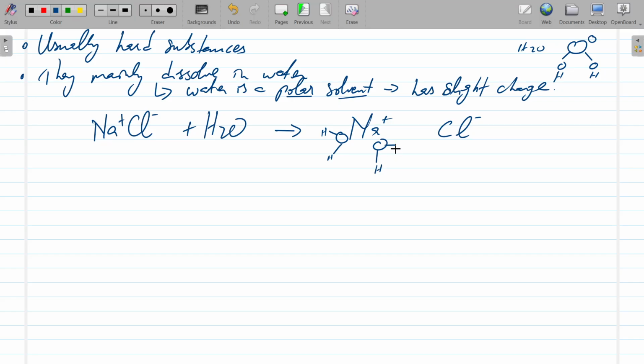And again, what's playing a role is the fact that water has a charge. Just to make it a bit clearer, the oxygen has a slight negative charge. What I've written over there, that symbol is called delta, which means slight. And the hydrogen has a slight positive charge, so delta positive.